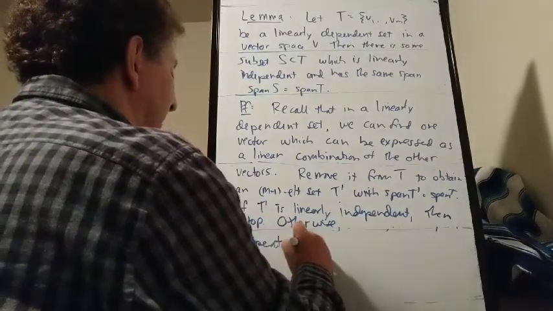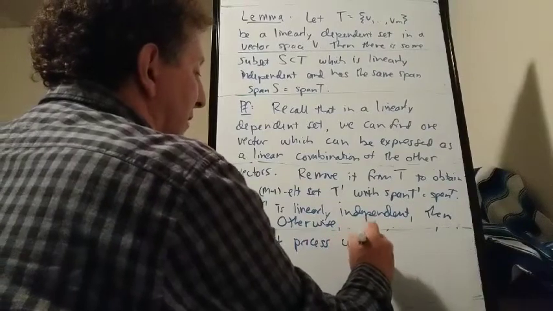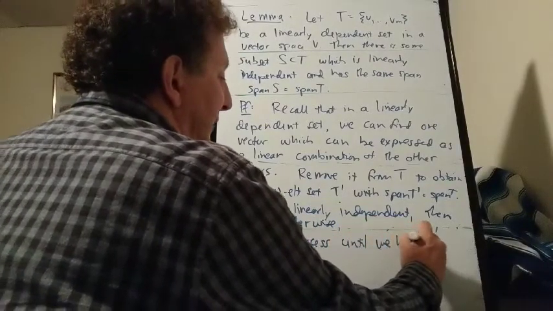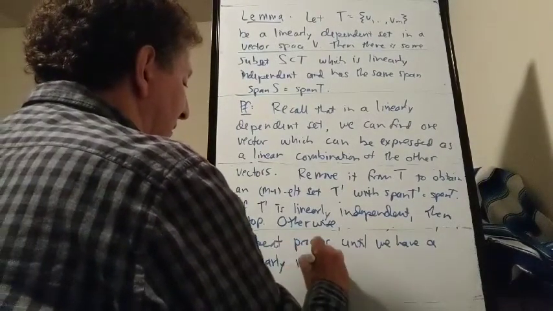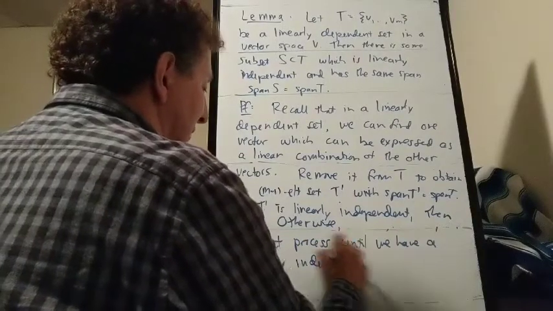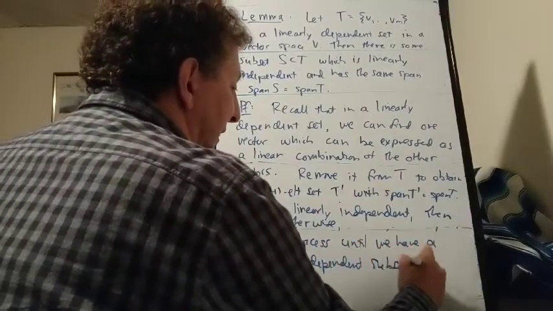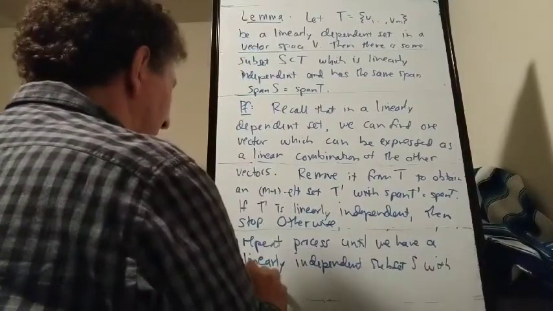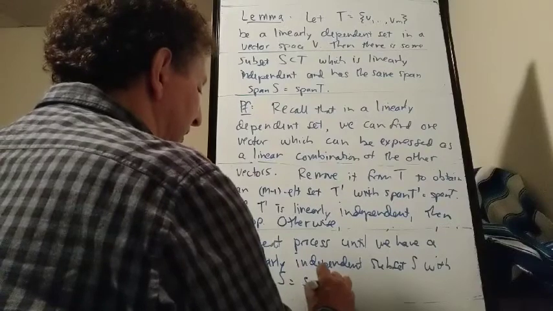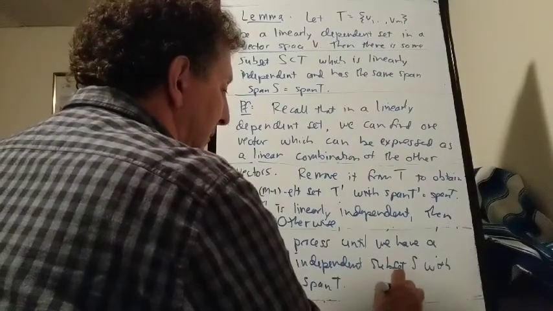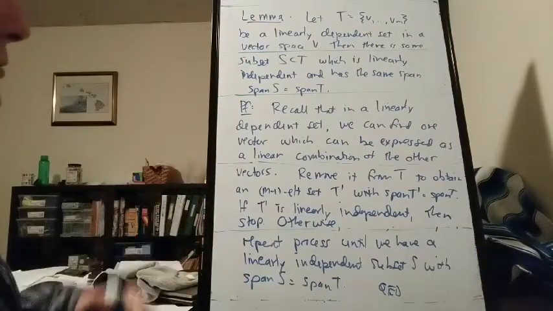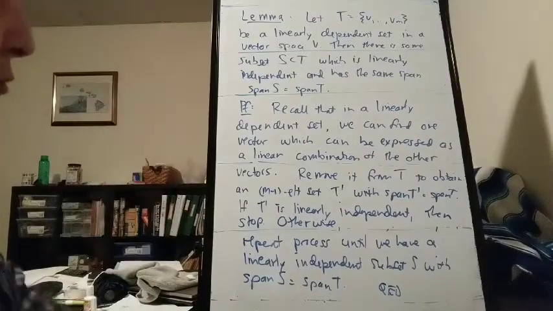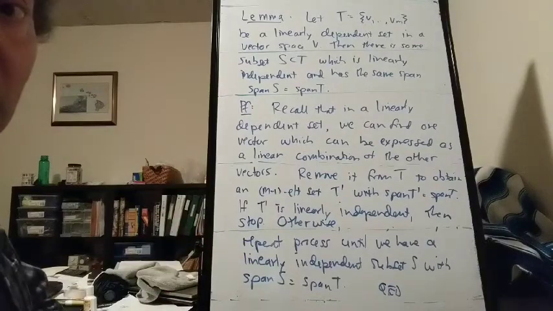And we can repeat the process until we have a linearly independent subset S with the span of S equals the span of T. So whenever we have a linearly dependent set, we can always take out some vectors and get another set with the same span as what we started with. And we can do that in such a way that the set of vectors we're left with is linearly independent.